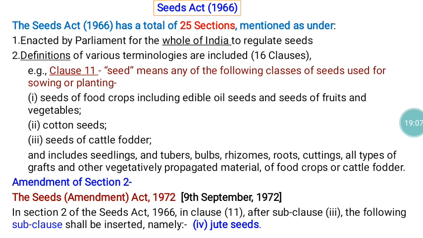So, by way of amendment, the Seed Act was amended in 1972, on 9th September. At that time, they included jute seeds in clause 11 and sub-clause 4. Jute seeds are also included now.